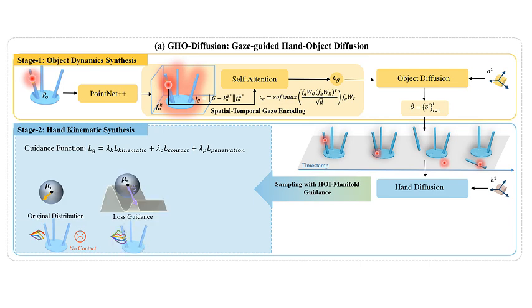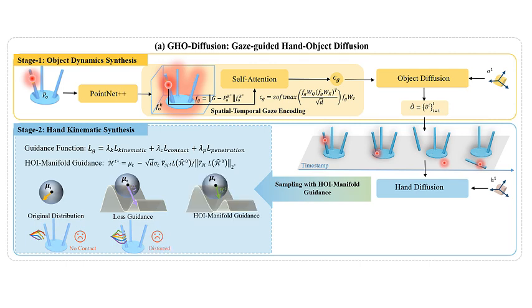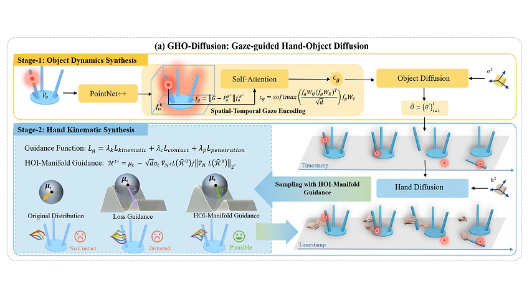The naive guidance strategy directly adds the computed gradient to the sample and may misalign the final motions with the original data distribution, resulting in unnatural motions. So we introduce HOI-Manifold Guidance to strengthen the physics constraint while preserving the original data distribution. Then we get the hand-object interaction sequences.